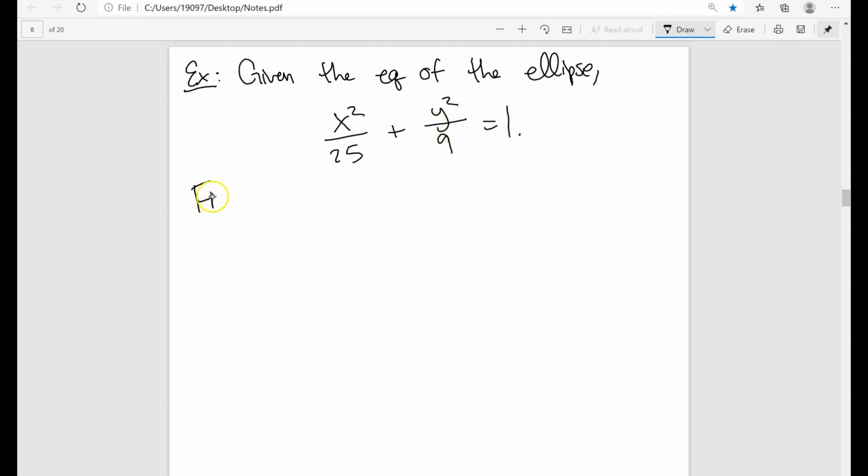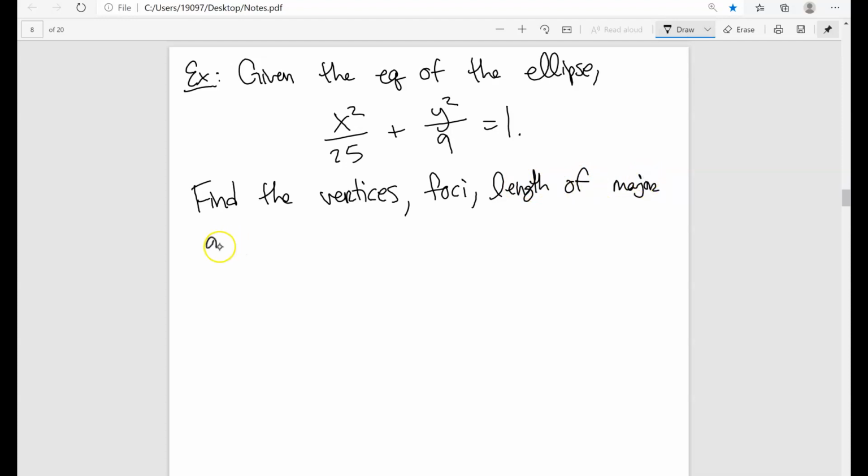And I want to find the vertices, obviously along the major axis. I want to figure out the foci. I want to find out the length of the major and minor axes. And then I want to sketch. Okay, so I want to find all of that.